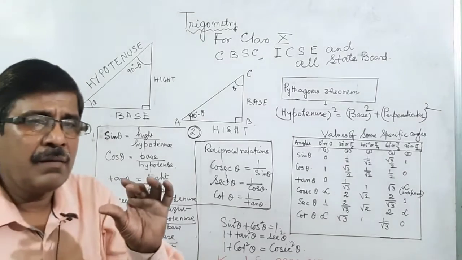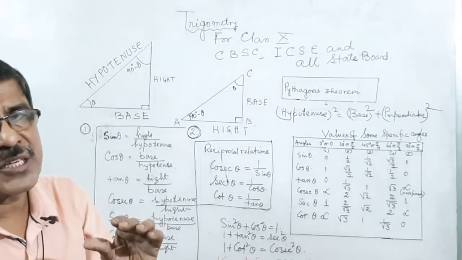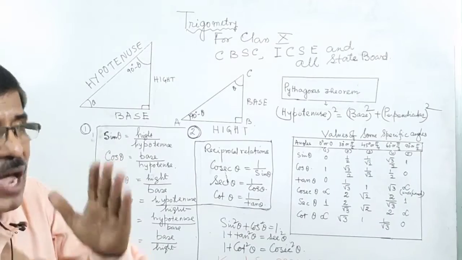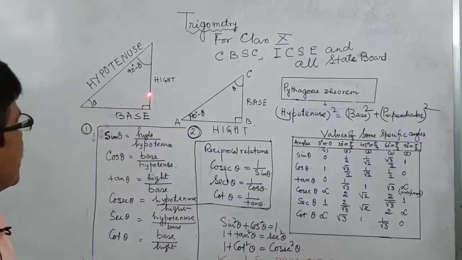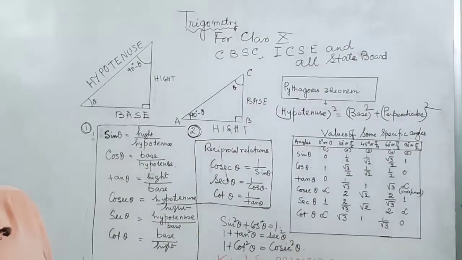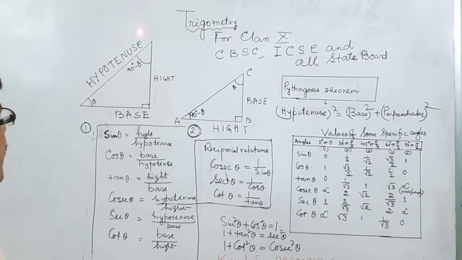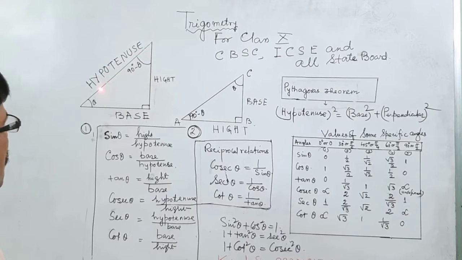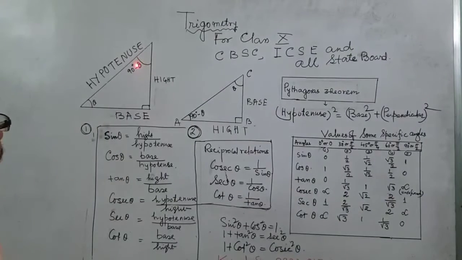Theta is the angle of inclination of base with hypotenuse. That means between this height and base the angle is 90 degree, and the angle of inclination of hypotenuse with base is theta. So the last angle is 90 degree minus theta.